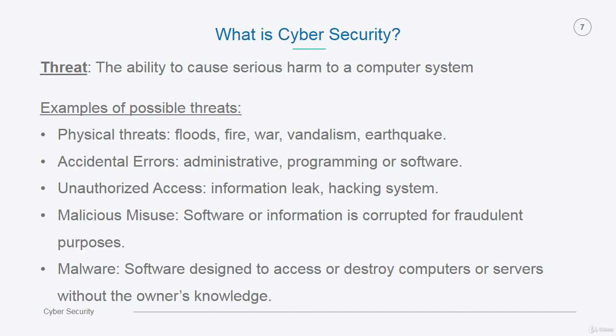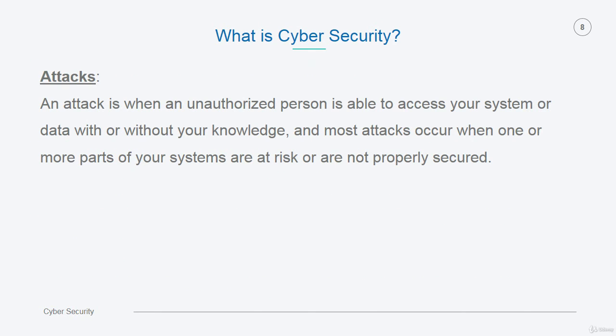We do have malicious misuse, which is software or information that is corrupted for fraudulent purposes. And we do have malware, which is software that is designed to access or destroy computers or servers without the owner's knowledge. In the coming few slides, we'll talk more about additional terms in cybersecurity like attacks, cyber attacks, information security, hackers, ethical hackers, and so on.